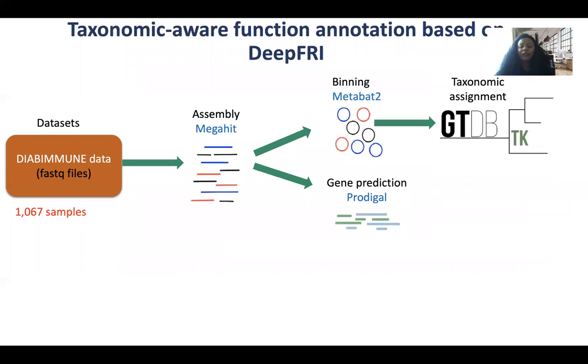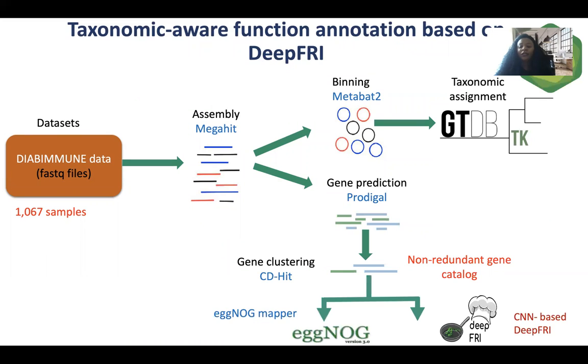Further, we predicted genes using Prodigal and clustered these genes based on sequence identity at 97% using CD-HIT to generate our non-redundant gene catalog. For the functional annotation, we used DeepFRI, the CNN-based DeepFRI. We also benchmarked DeepFRI using eggNOG, which is an orthology-based method for protein function annotation.